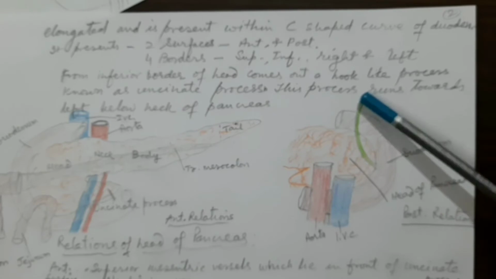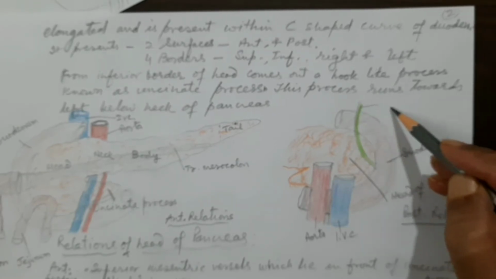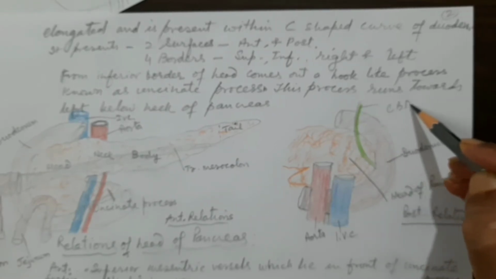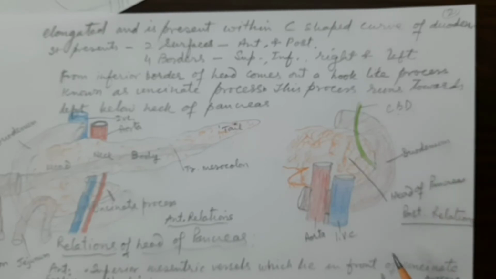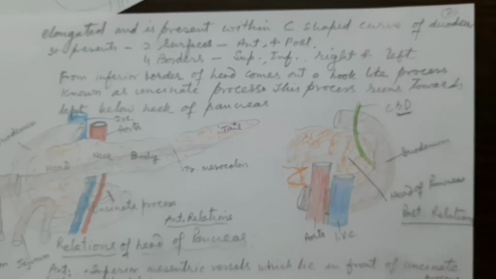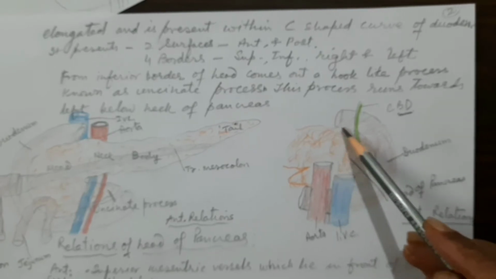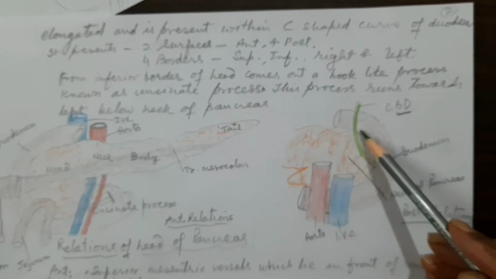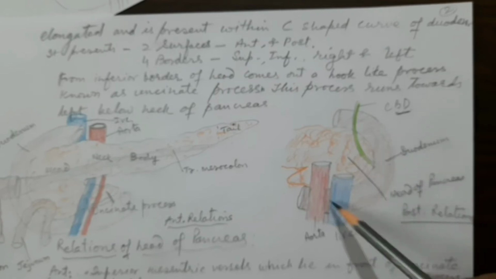So this is the bile duct, common bile duct, CBD, or just simply call it the bile duct, which opens here in the second part. This is the posterior aspect of the head of the pancreas in the concavity of the duodenum.